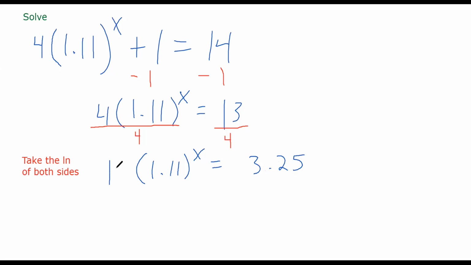I'm going to take the ln of the left-hand side and the natural log of the right-hand side. And because of that, the x here is going to, thanks to the power rule of logarithms, come down to the front.